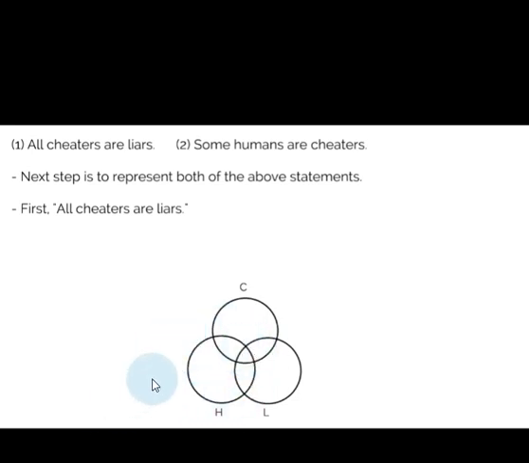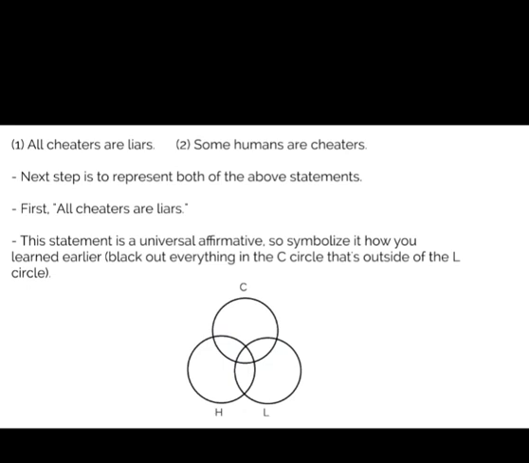Shade in C that does not overlap with L. So yes, exactly. Shade out everything in C that's not in the L circle. That means that if you're a cheater, you got to be somewhere in here. Yeah, I think you got it. I interpreted that as L, Cassandra. You got it. All right, like that.